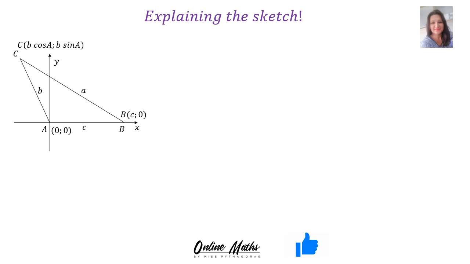Now let me explain to you where that comes from. That's the important bit. The point C consists of an x and a y coordinate. And it works like this. At C, you drop a perpendicular or an altitude to form a right angle triangle.